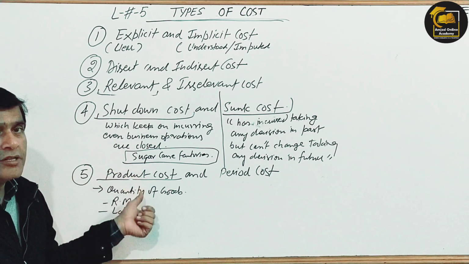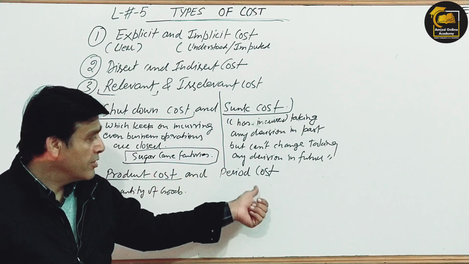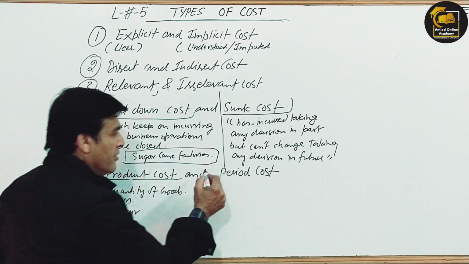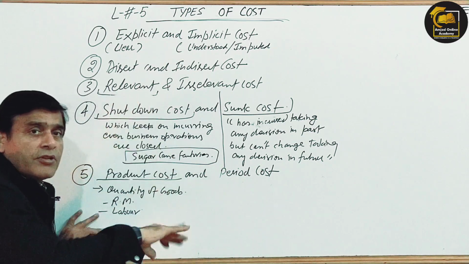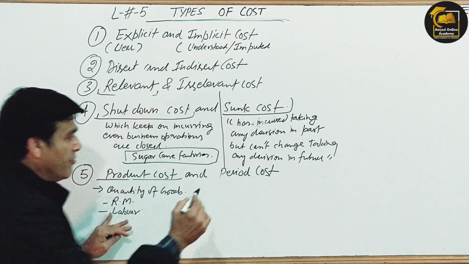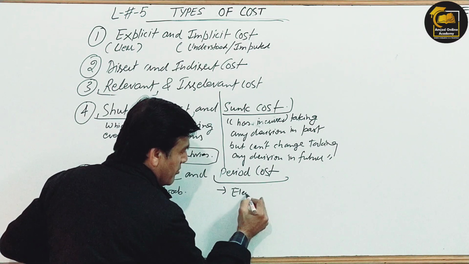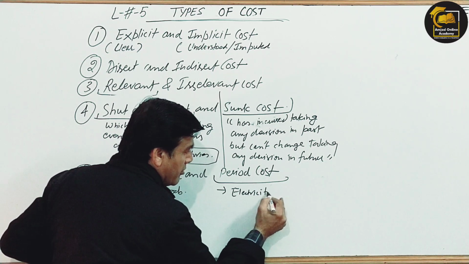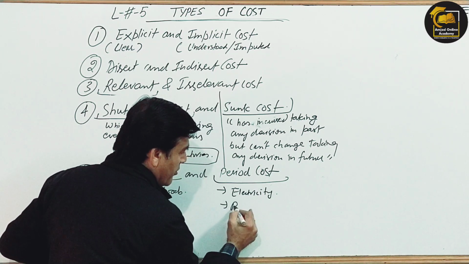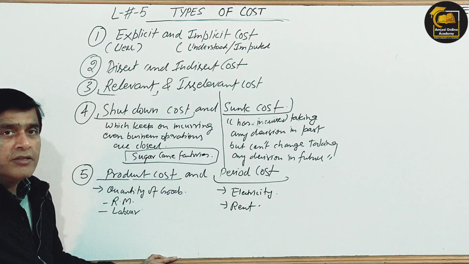Any cost which is measured according to the time period, that is known as the period cost, right? That is not only restricted to the factory, it may be spread across different departments. For example, electricity, rent. For example, I hired a building, right?